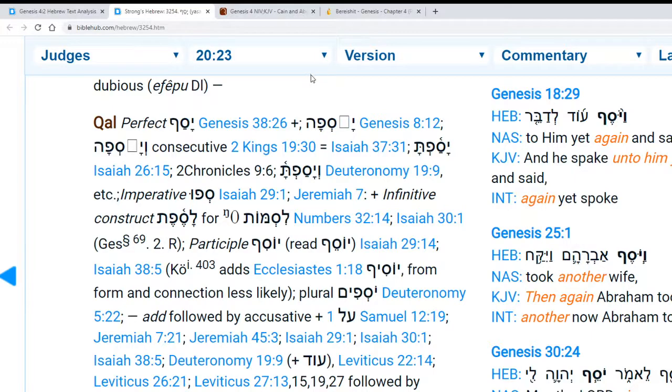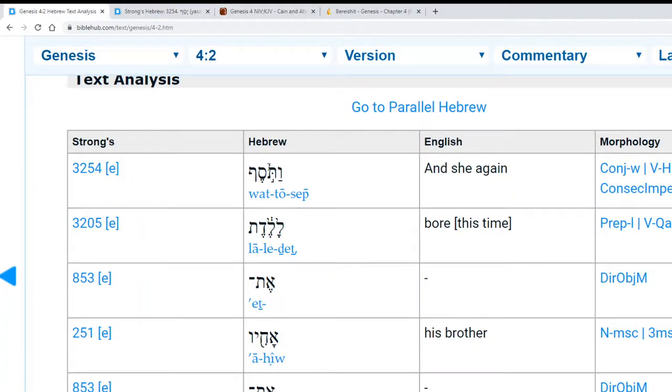That's up to you if you want to do that. You'll see it's like Joseph, Yosef. Vatosef means to add, right? The sin and pe together usually refer to either an end or an addition.